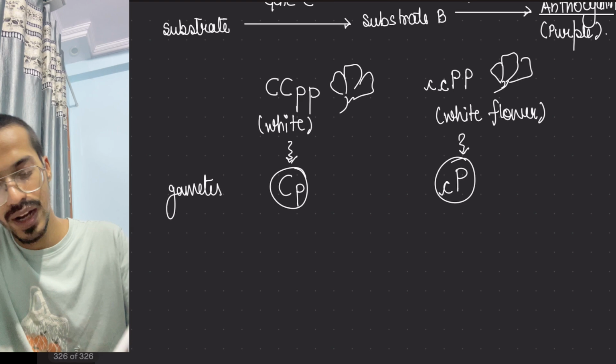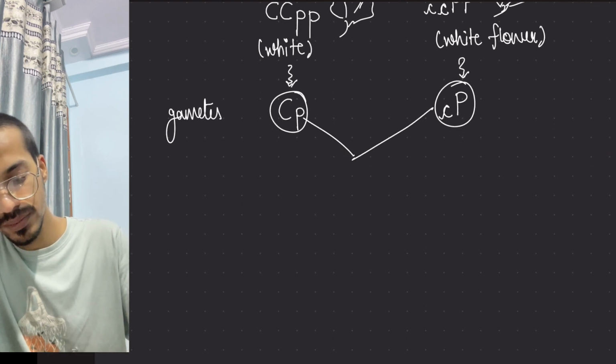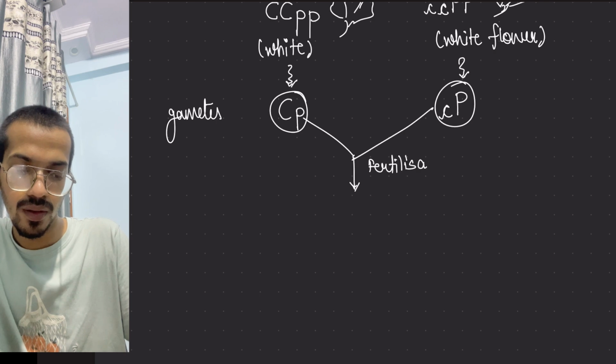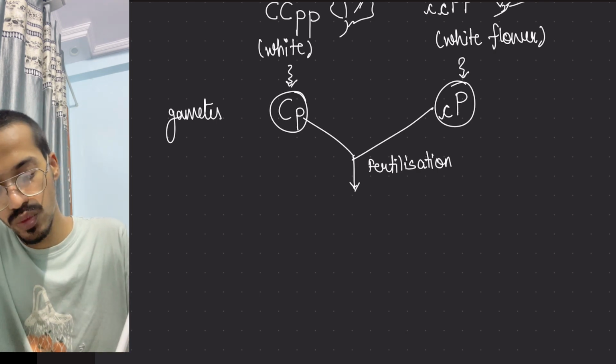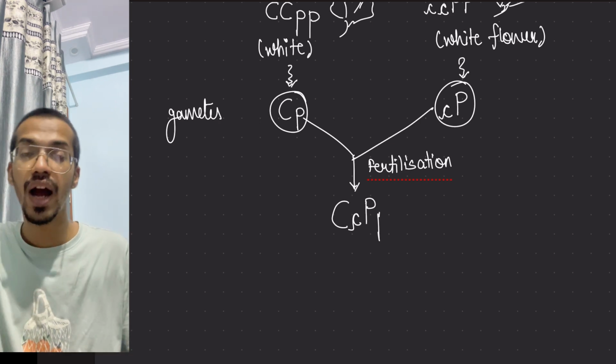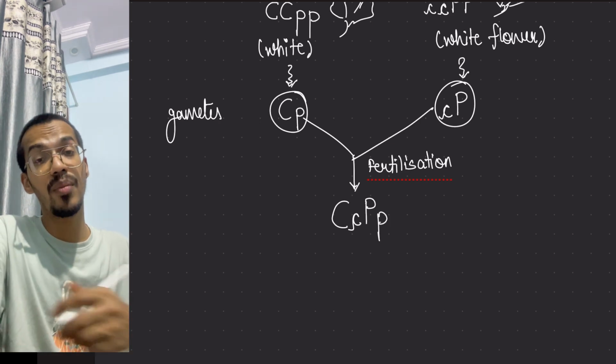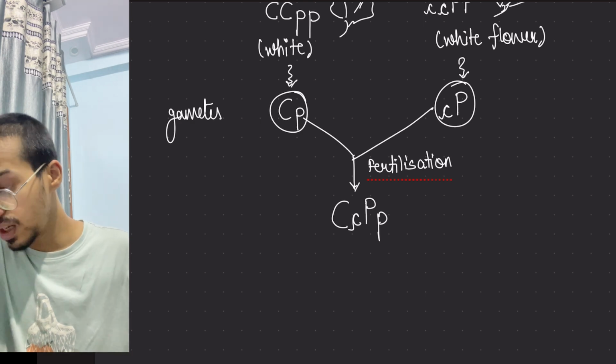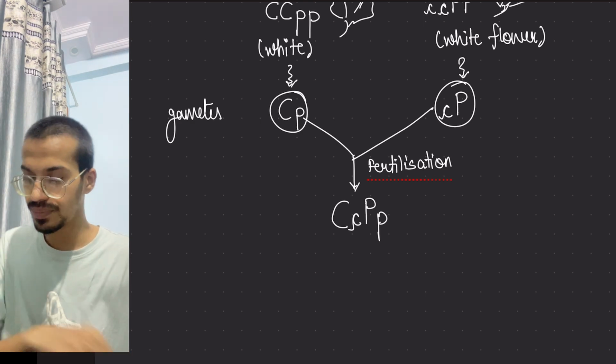Now what will happen? There will be crossing. This fertilization leads to capital C, small c, capital P, small p. I told you that once capital C and capital P come together, it will give us the color, that is a purple color.